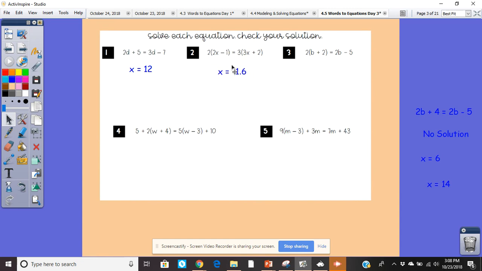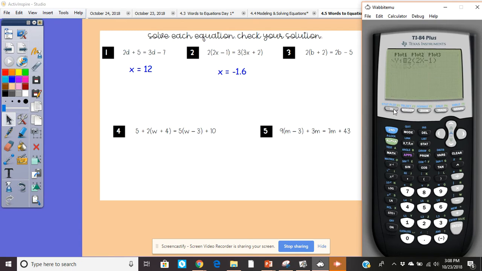So remember on these, when you do see the parentheses, you might want to check them out, because on this next one, if we put it in like it is, 2 times x plus 2, and then we do 2x minus 5.